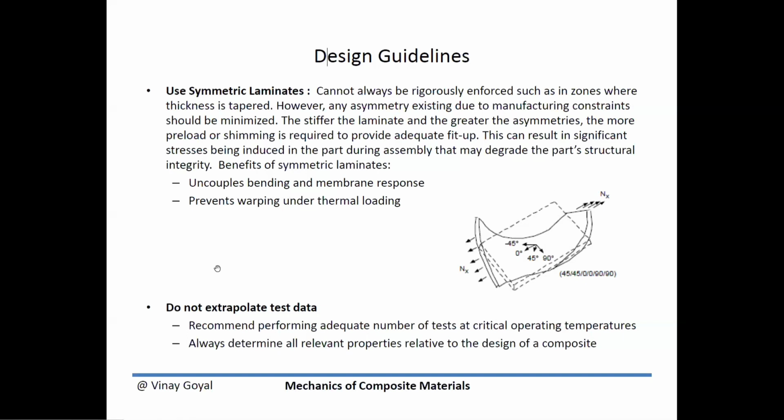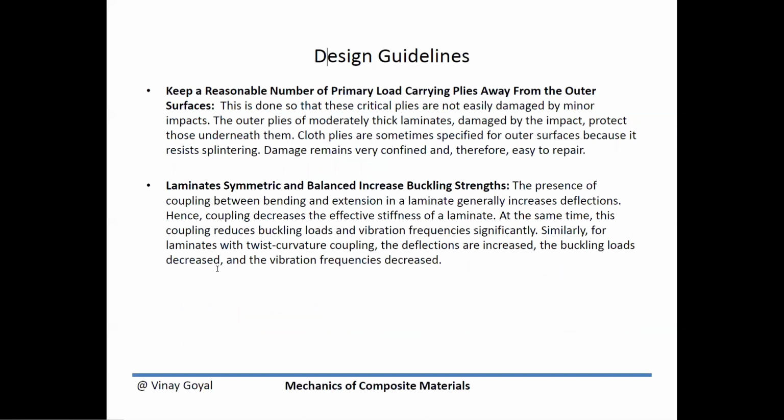It's important that you always determine all the relevant properties relative to the design of a composite, and that you try not to be too quick at extrapolating test data. I think interpolating could be okay in many cases, but it is important to perform an adequate number of tests at the critical operating ranges. And so that is a major consideration that should be accounted for.